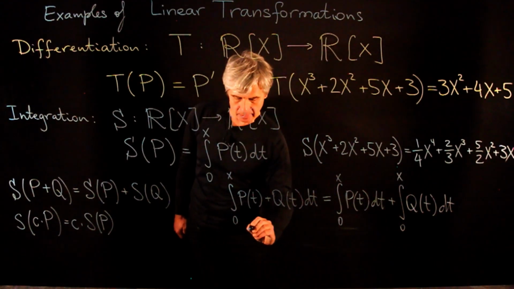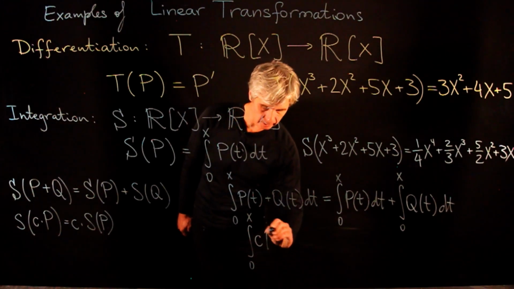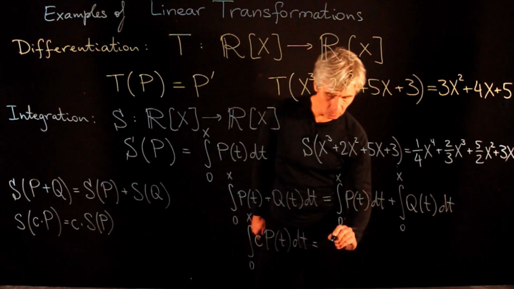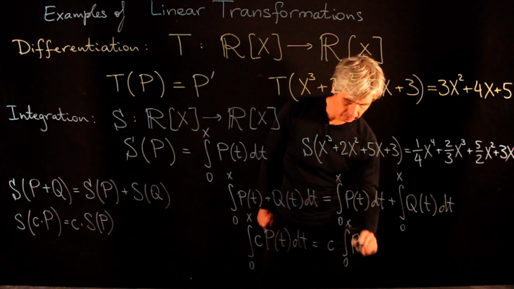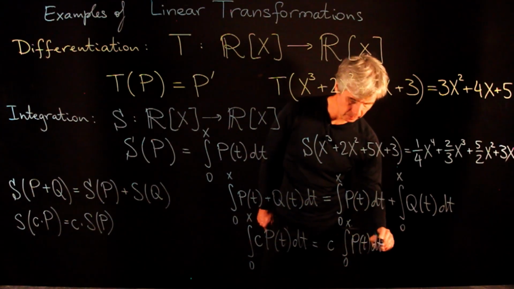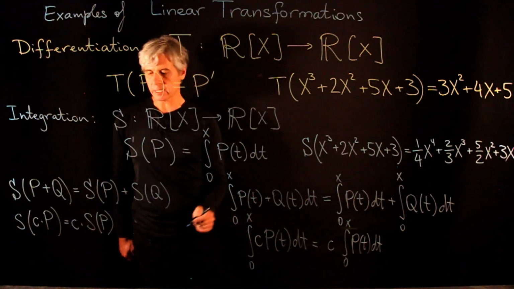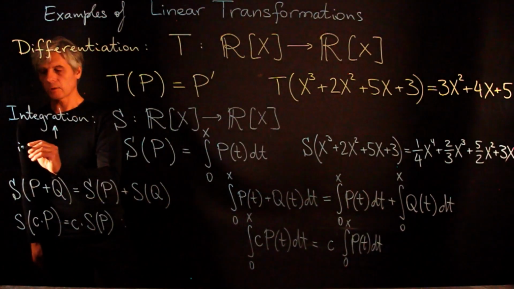And the second property says that the integral of a constant multiple is the constant multiple of the integral. So these two theorems from calculus tell us that integration is a linear transformation.